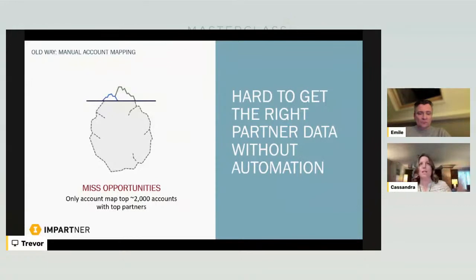Sales reps turnover, accounts churn, and you're right where you started. So without automation, teams just simply can't map partner data against all of the accounts in their CRM. And as a result, they completely miss out on thousands of potential opportunities that are buried beneath the surface.